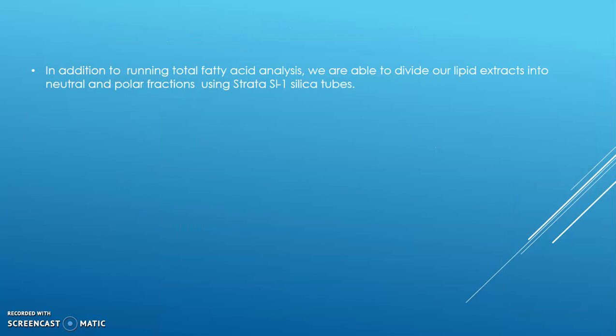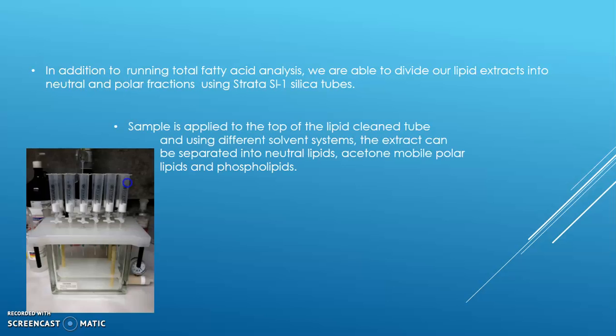In addition to running total fatty acids, we are able to divide our lipid extracts into neutral and polar fractions using Strata SI-1 silica tubes. Samples are applied to the top of the clean tubes using a number of different solvent systems. The total extract can be separated into neutral, polar, and acetone mobile polar lipid fractions.